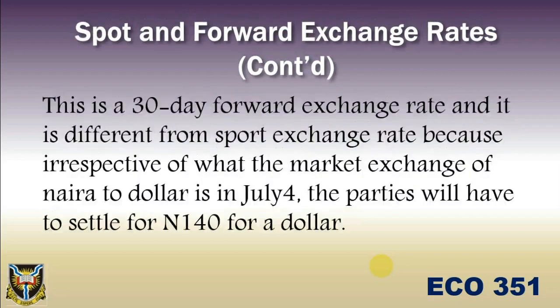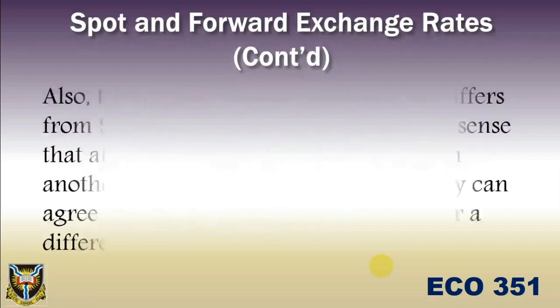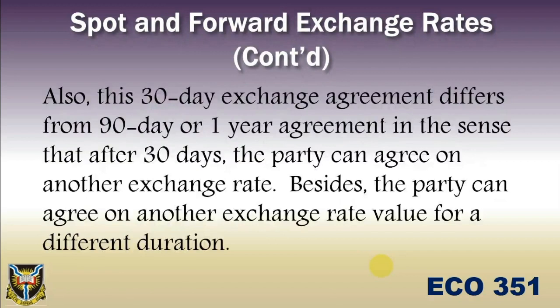This is a 30-day forward exchange rate, and it is different from spot exchange because irrespective of what the market exchange rate for naira to dollar is on the 4th of July, the parties will have to settle for 140 for a dollar.